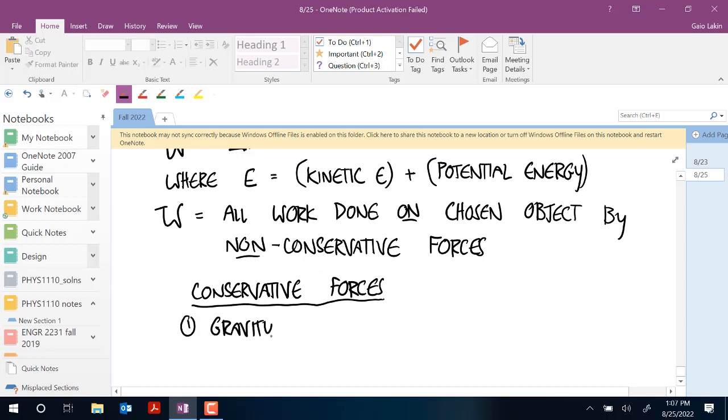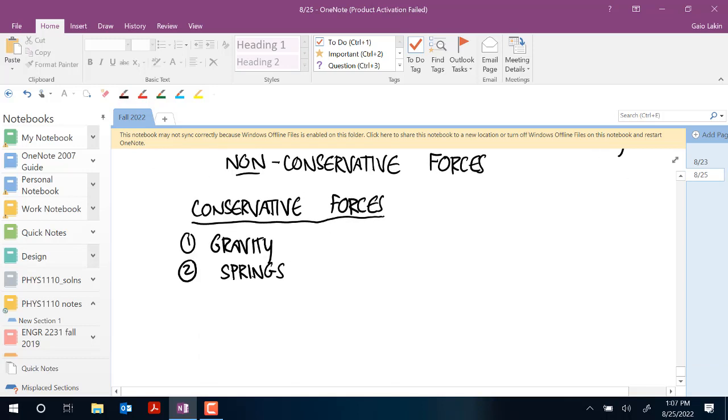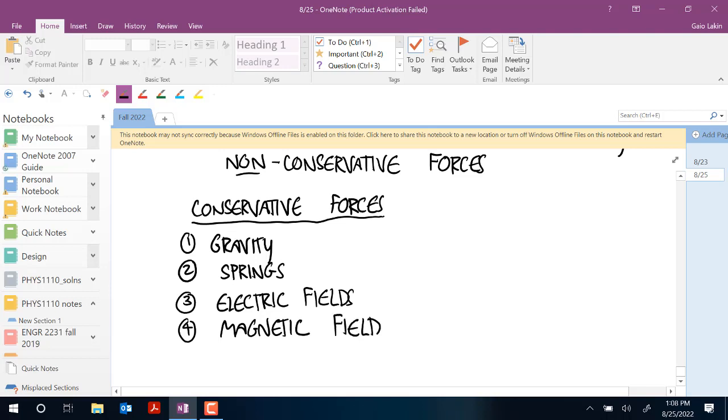Gravitational forces, forces applied by springs, electric fields, magnetic fields. These are all things where if you know the location of your object, that's enough to calculate the force applied.